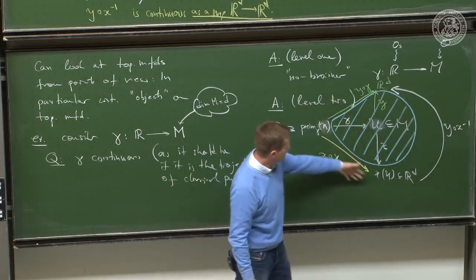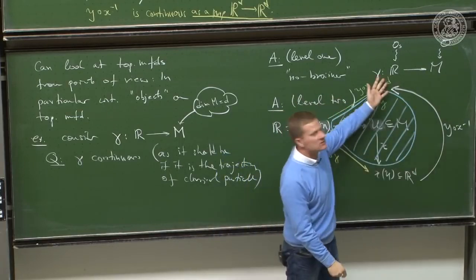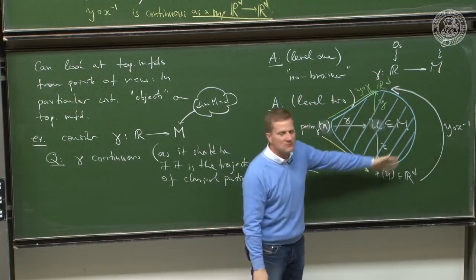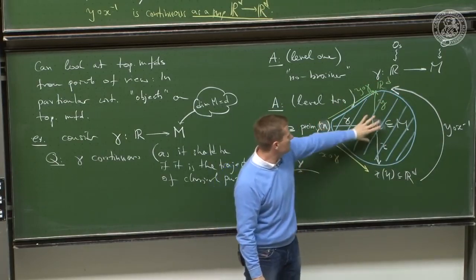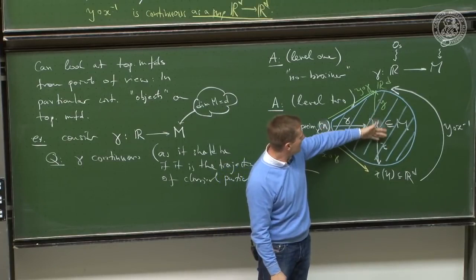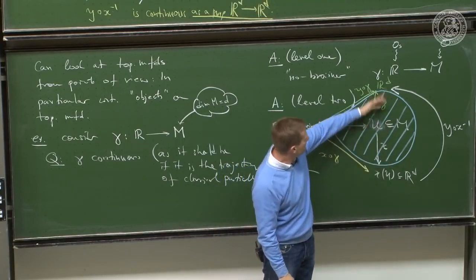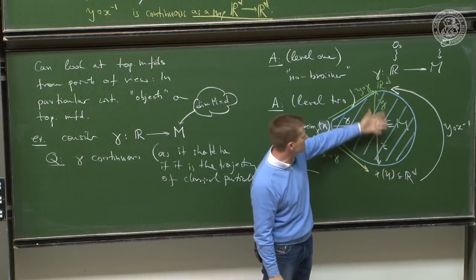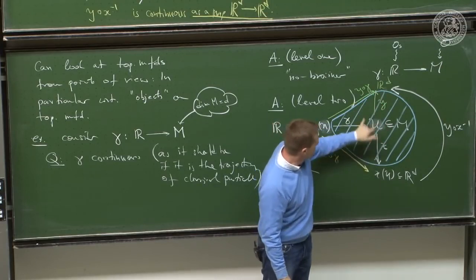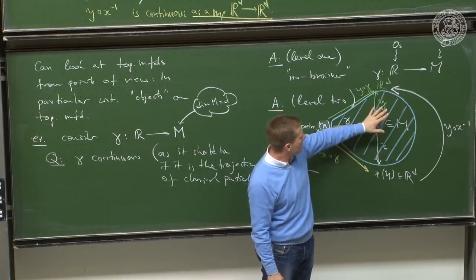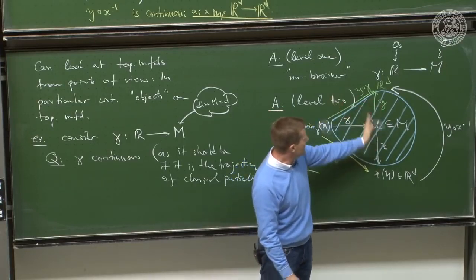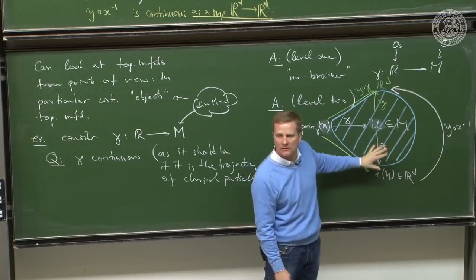And you can work in some chart, you can change coordinates to another chart, and you describe the situation in full. But it would be a shame, because what you want to describe is the real world, and you now see why choosing different coordinate systems describes still the same world. Okay? So that's the philosophy behind all of this. And here everything is trivial. You could go either path and you know everything about all the maps.